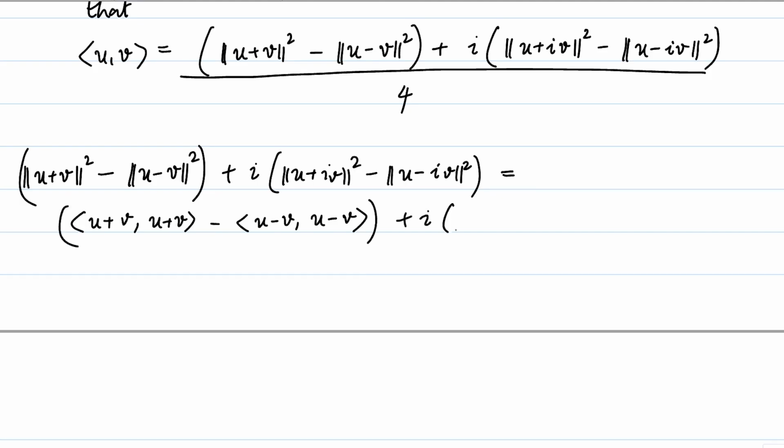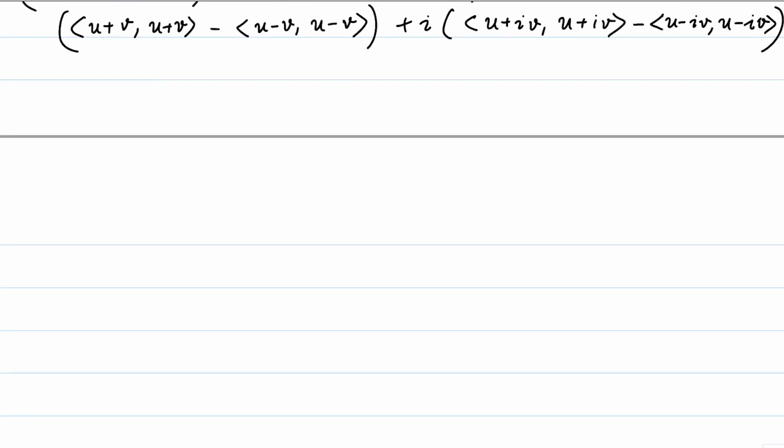plus i times the inner product of u plus iv with itself minus u minus iv, inner product of that with u minus iv. Now let's expand it out and let's keep track of all the properties of the inner product that we have seen.